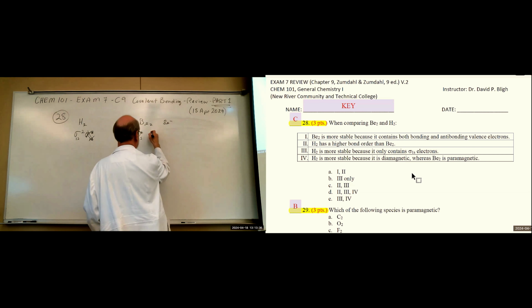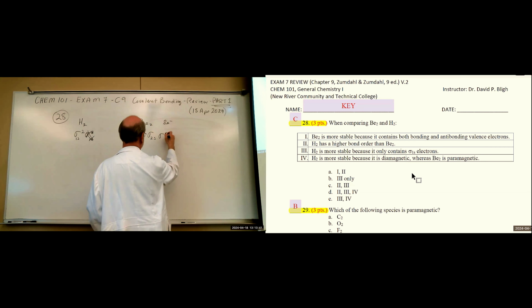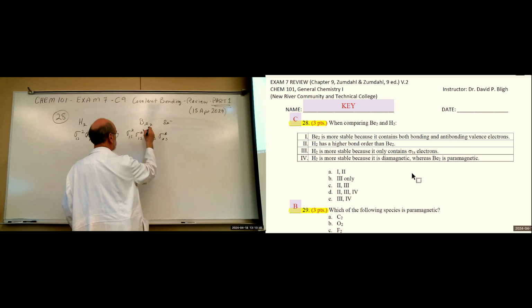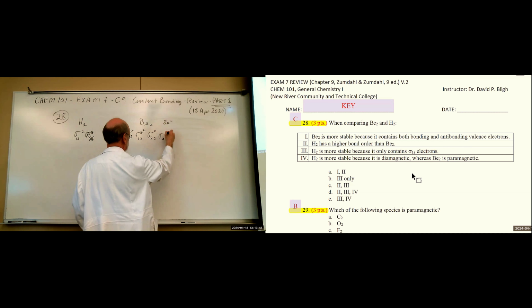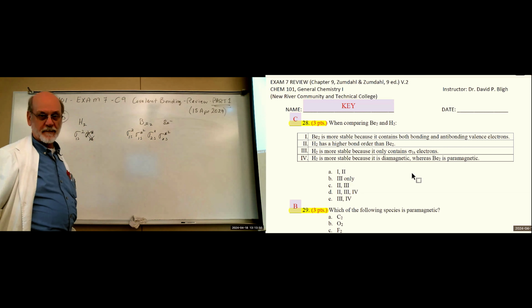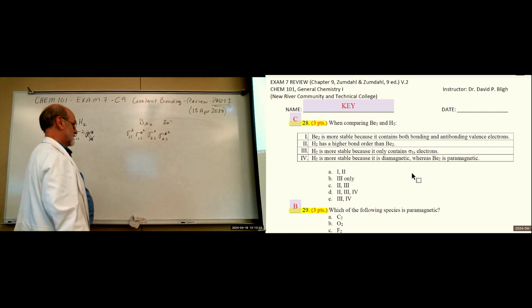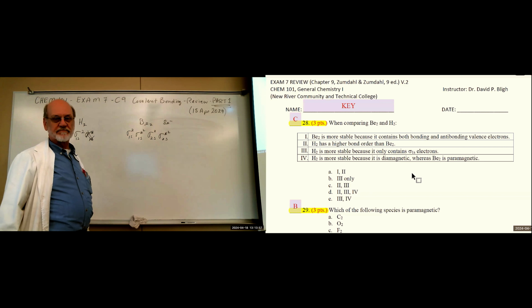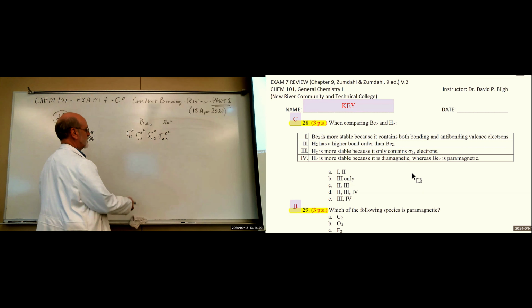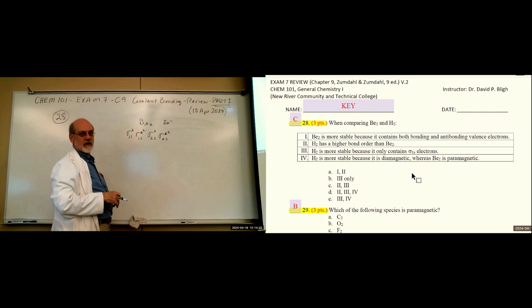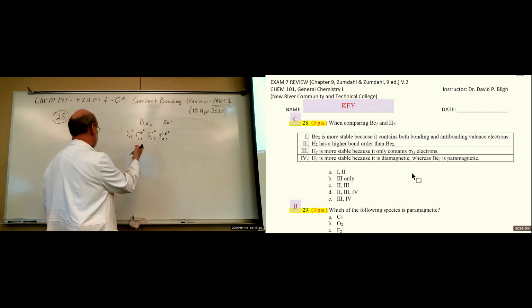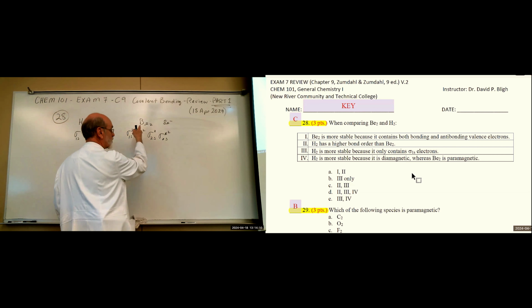Then it's going to go to sigma made from the 2s and sigma star made from the 2s. And with 8 electrons, it has 2, 4, 6, 8. So actually, Be2 should not exist. Right? What's its bond order? 4 minus 4 divided by 2 is 0. All right, so they're giving us that one theoretically. We know this one exists. That one probably doesn't exist.